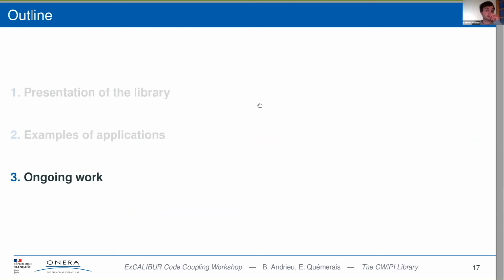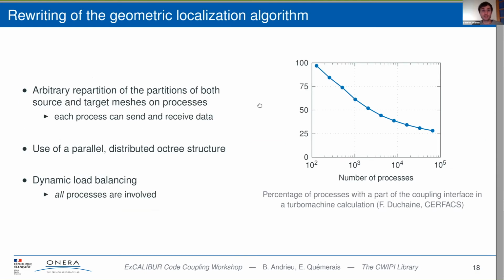So now to conclude, I'd like to talk about what we are currently working on with Eric, and about the major new version that we are preparing. First, as I said, currently CWIPI uses the same localization algorithm as FVM. So it's pretty much the same as the one Yvon described earlier.